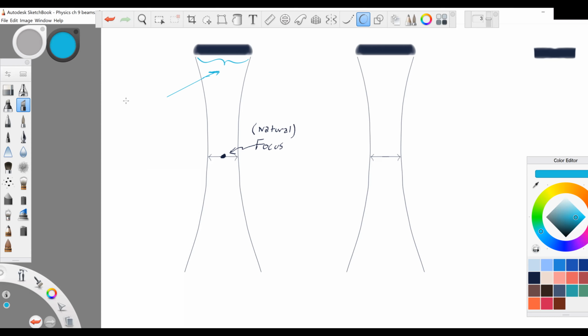This is the width, or the diameter, I really should say. I have to be careful because we're going to talk about diameter versus width in a second. So the width is also called aperture. Yeah, there's an A in there. Aperture. The aperture, or the width of the beam, or the width of the element.